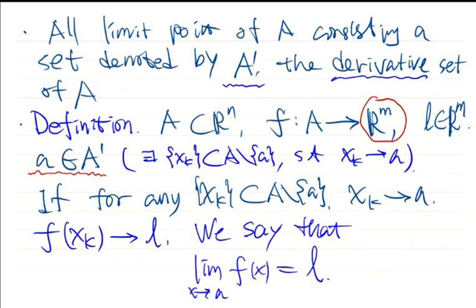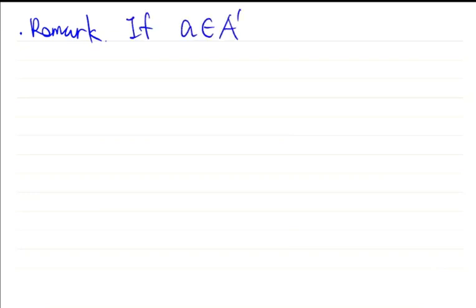So from this definition, we have a remark. If a is a limit point of capital A, and also a is a point of A, so a is in the intersection of the derivative set and the set capital A itself.